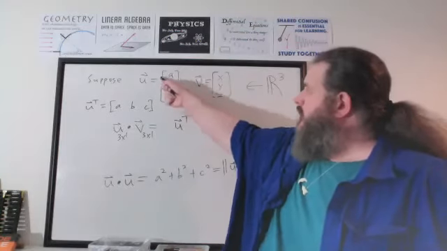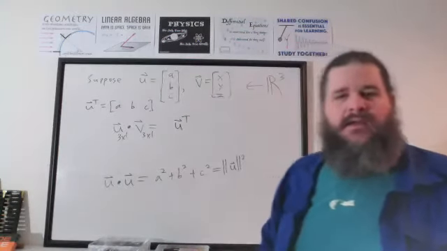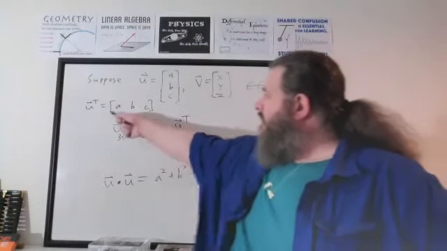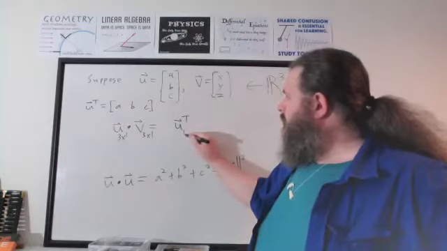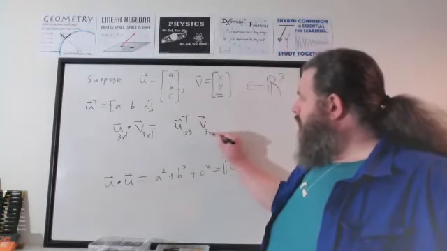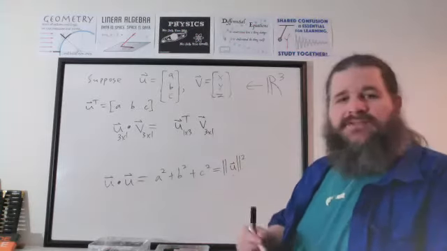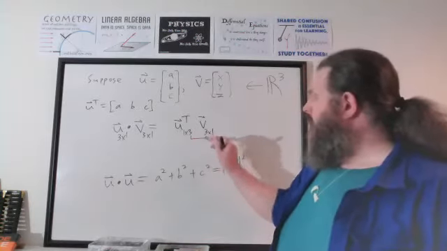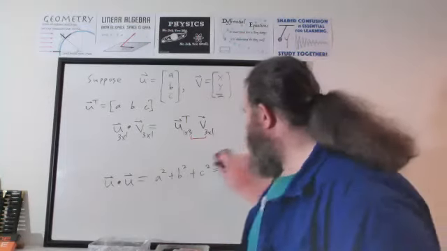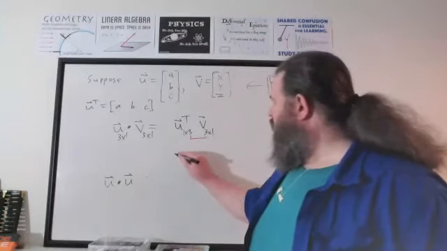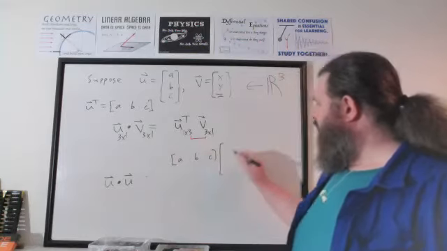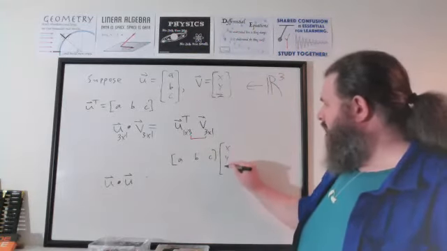Every row, like this row of just A, becomes a column of just A. So we're just swapping rows versus columns. And that's now a 1x3 matrix. And V is 3x1. Since the inner dimensions match up, 3 and 3, we can actually multiply these as matrices. So U transpose A, B, C, multiplied by V as it is, X, Y, Z.